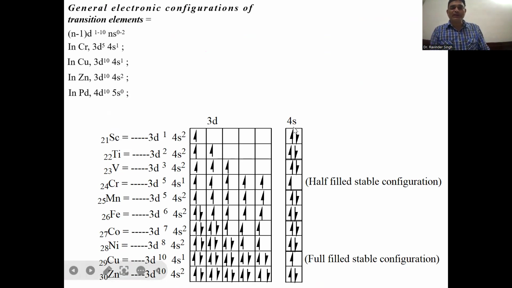In the diagram you can see 4s2 for all the other elements, 1 for chromium, 1 for copper, and 4s2 for zinc also. These are very important facts from the examination point of view, so you must learn them.